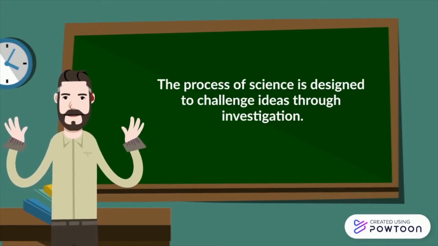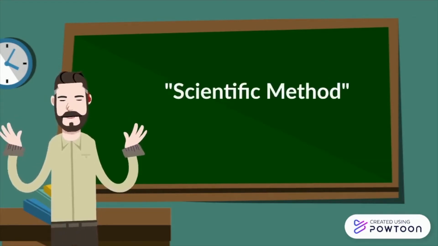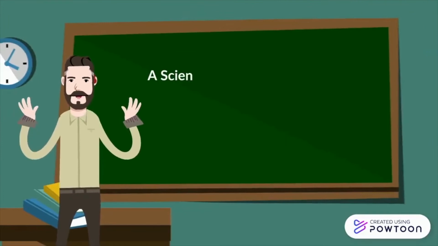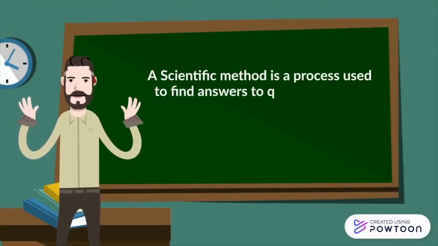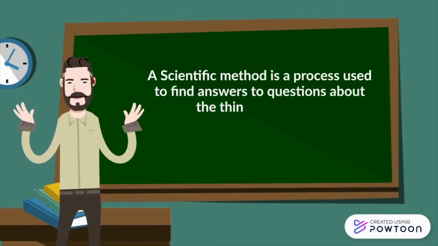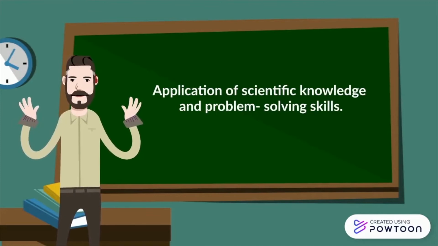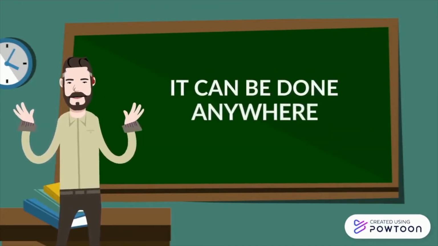So this process is known as the scientific method, through which we follow steps when making experiments. A scientific method is a process used to find answers to questions about the things around us. It involves the application of scientific knowledge and problem-solving skills. It can be done anywhere.